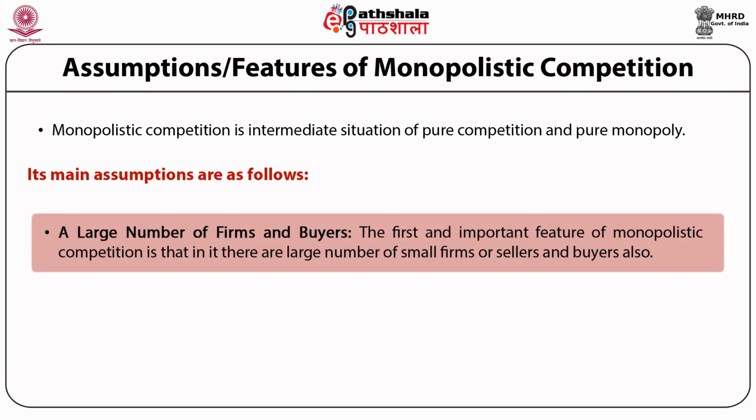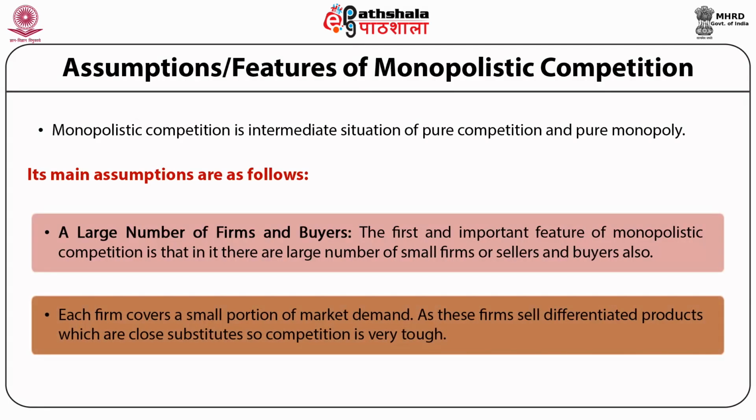A large number of firms and buyers: the first and important feature of monopolistic competition is that there are a large number of small firms or sellers, and buyers also. Each firm covers a small portion of market demand. As these firms sell differentiated products which are close substitutes, competition is very tough.